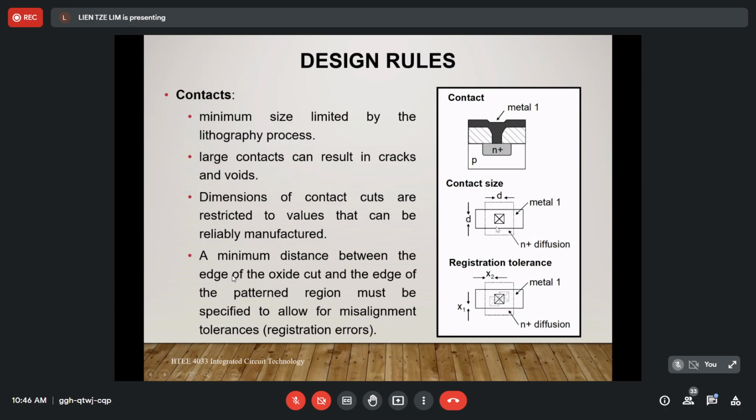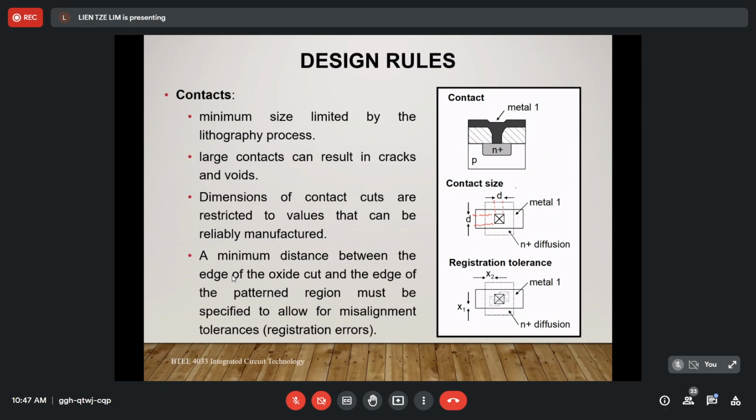The size of the contact is defined by D. D means the width. So I draw here to show you what D is.